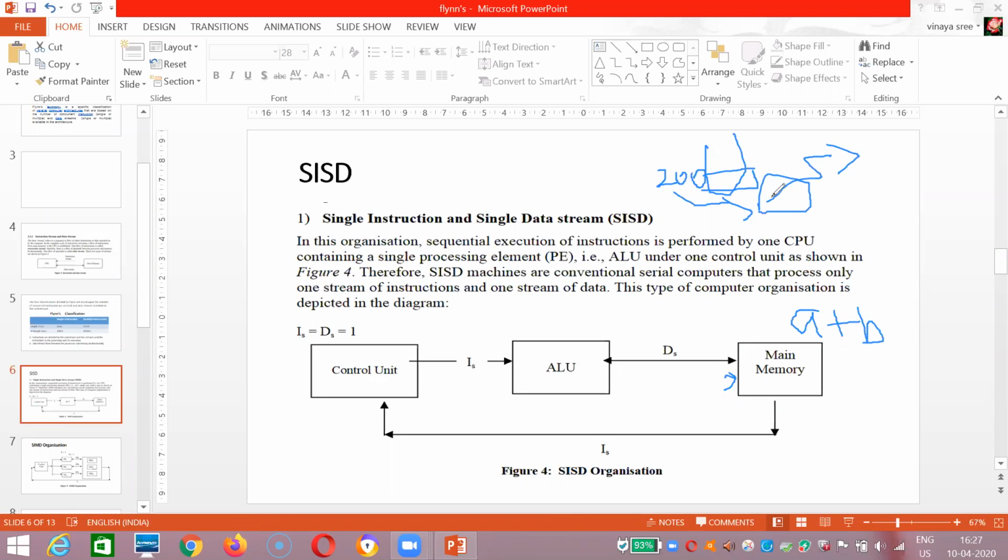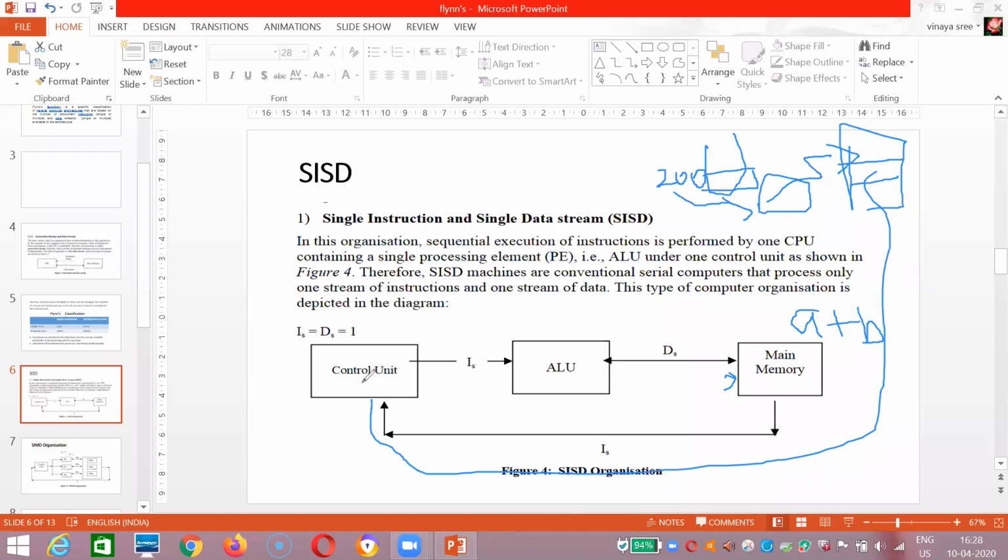So the processor will give a fetch command. After going for a fetch, it goes to that instruction at address 200, whatever is there will be taken and will go to the control unit. Fetching is nothing but the processor gives an address, with the help of the address bus it reaches that address, and whatever instruction is available there reaches the control unit with the help of the bus.